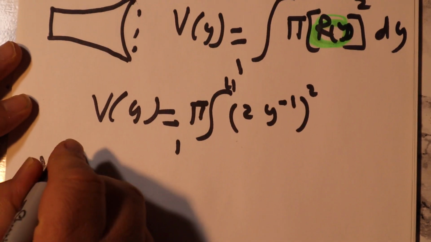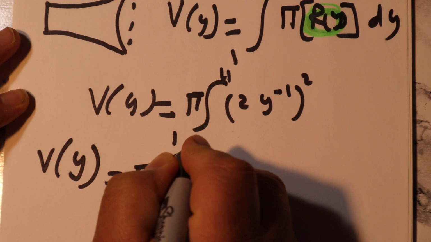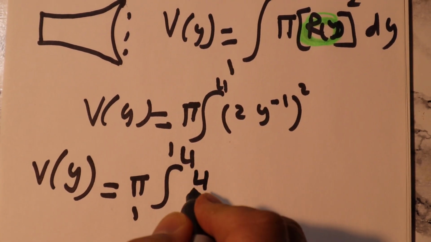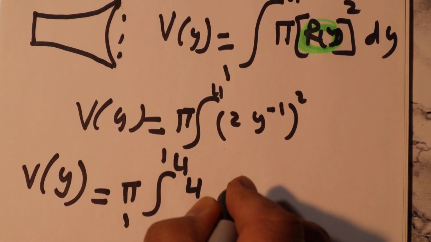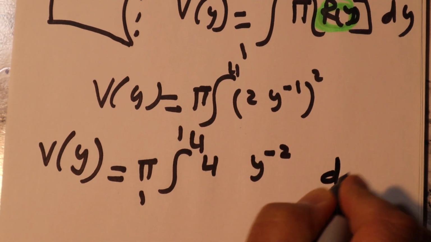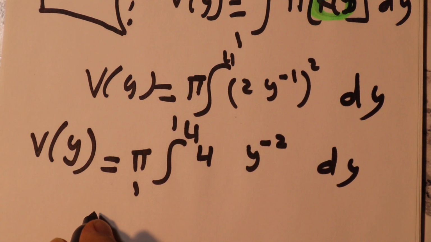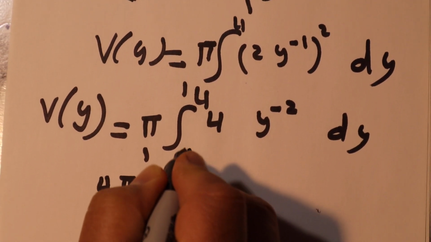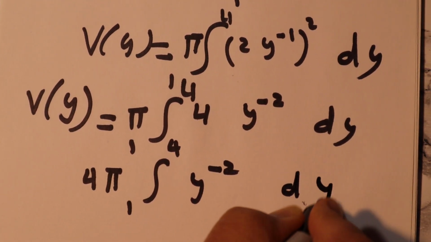Volume of y equals pi times the integral from 1 to 4. 2 squared is 4, and y to the negative 1 squared is y to the negative 2, with respect to y. Let's take 4 outside. It will be 4 pi times the integral from 1 to 4 of y to the negative 2 with respect to y.